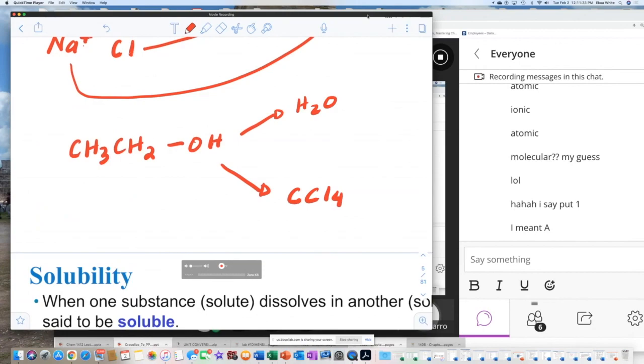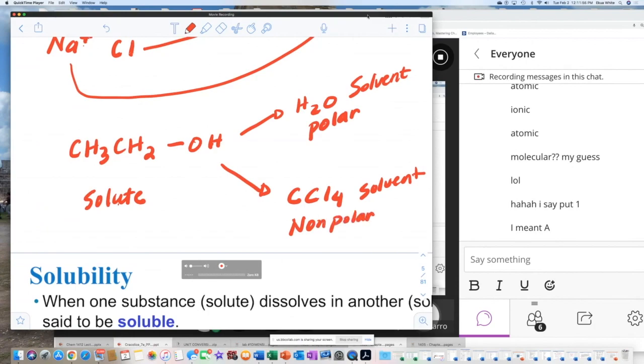Remember, a molecule like an alcohol, this being our solute, we're trying to dissolve it in two different solvents. This is solvent one. The first solvent here is called polar even though it can hydrogen bond. This one here is a solvent and it's called nonpolar because it's nonpolar. This solute here, ethanol, has two behaviors. So I'm going to highlight this. It has a polar region.